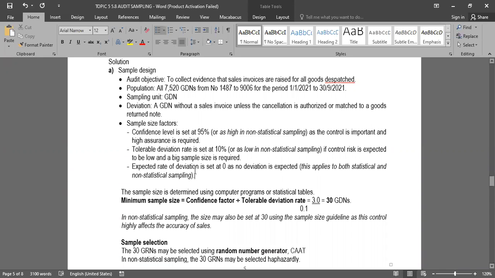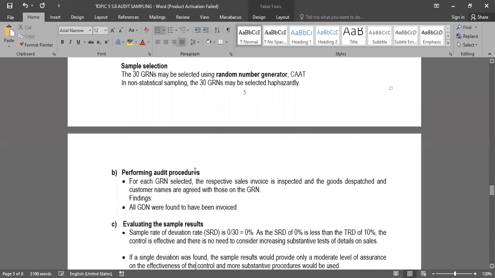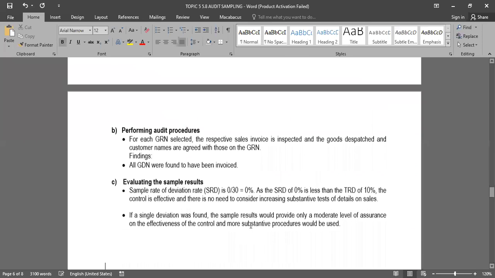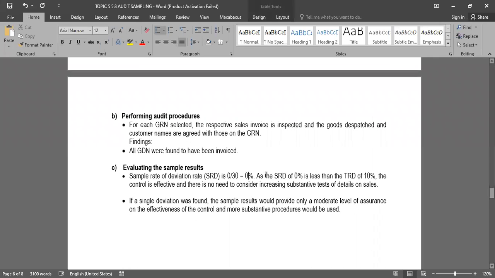But these ones all had invoices. So our deviation is 0, giving us a rate of 0%.